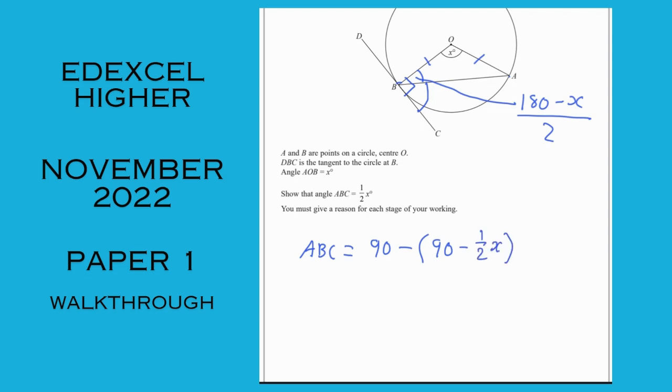And you can almost tell what's going to happen. 90 take away 90, disappear. And you end up with minus of a minus. So they've gone. You're left with a half x, and that's plenty to get the marks.